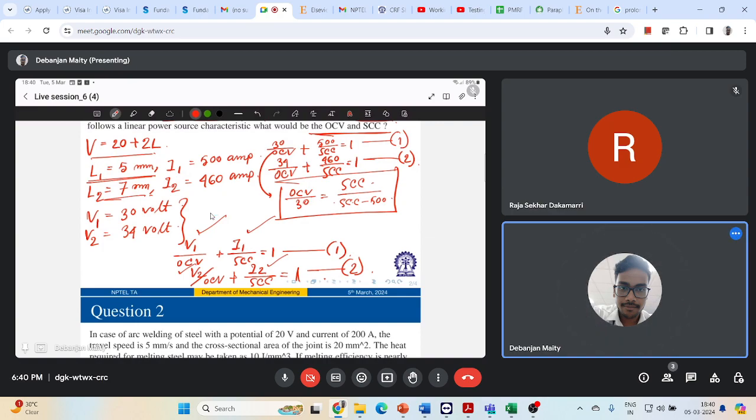So I will end up with some equation like this where OCV will be 30 SCC by SCC minus 500.